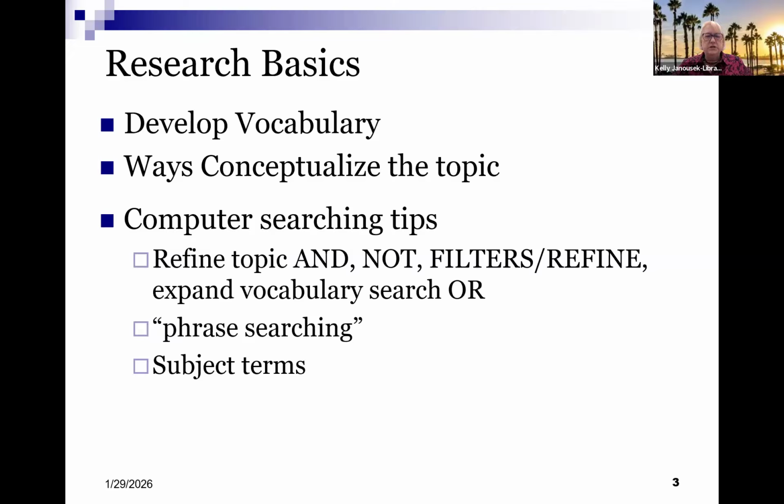NOT is a filter system. Don't use it very often, except if you're in the middle of a search and you're finding all this stuff about, I don't know, some African country that isn't anything you're interested in. You could use NOT and put that word in, and it will take all those citations out.